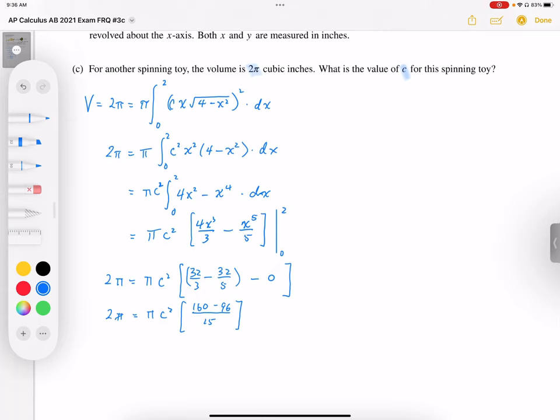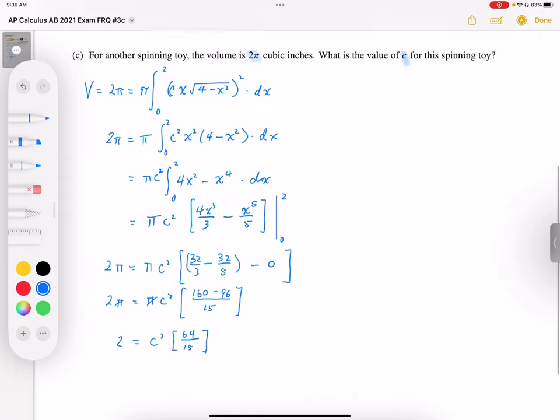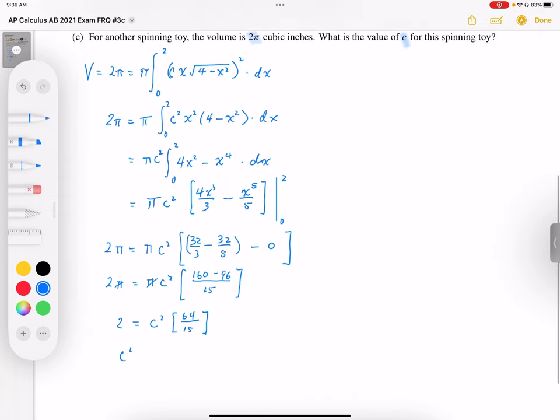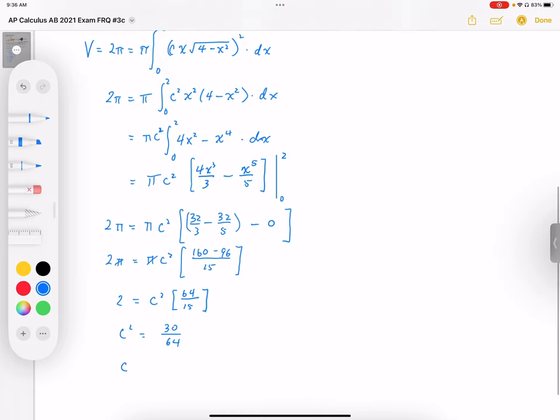I'm going to cancel the 2 pi's out at this point. And this works out to be 64 over 15. Solving for c, I get c squared equals 30 over 64 when I divide that fraction, and then c works out to be plus or minus square root 30 over 8.